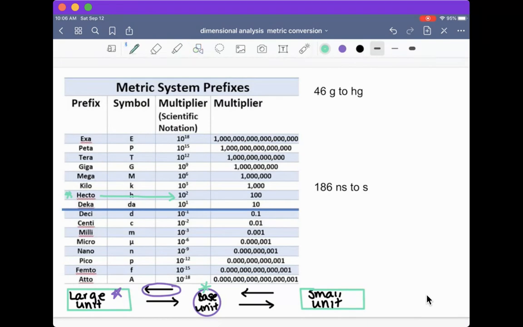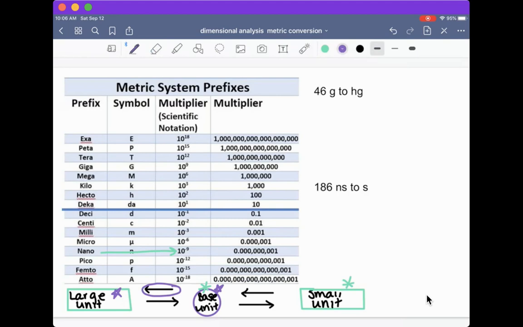All right, so next problem. We have 186 ns. So obviously we know two letters, it's got to be a prefix. And our N, we can look on the chart here, and it is nanoseconds. All right, so we are going from a small unit, starting here, and we're going to end up in the base unit.